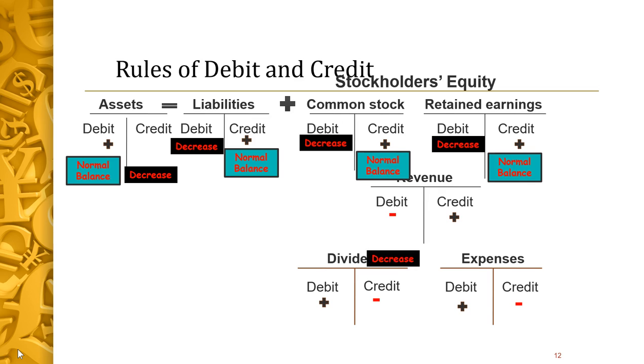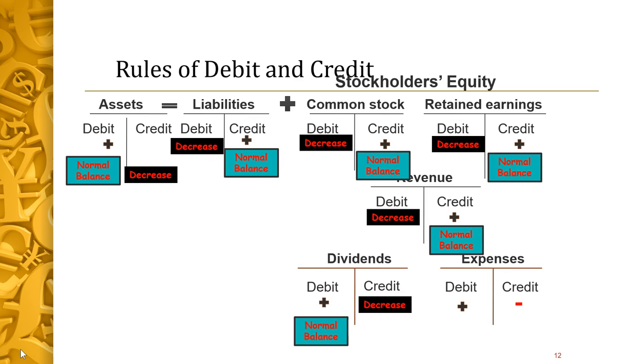Revenue, decrease with a debit, we increase with a credit. Now, we have dividends and expenses which reduce stockholders' equity, so they have the opposite relationship. For dividends, we decrease with a credit, and the normal balance is a debit, and that is the same for expenses. The normal balance is a debit.